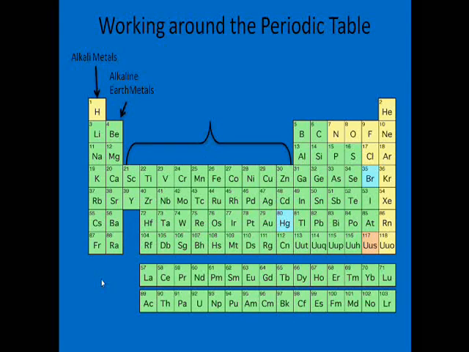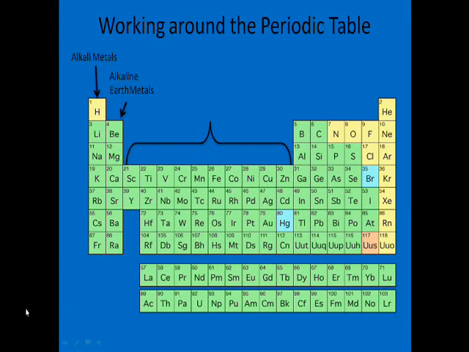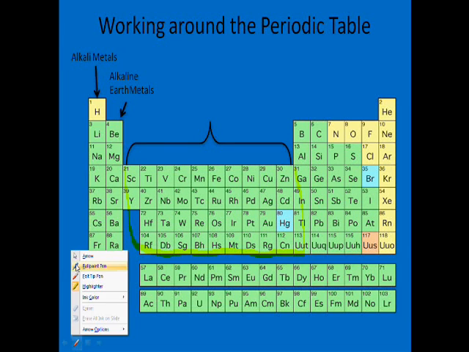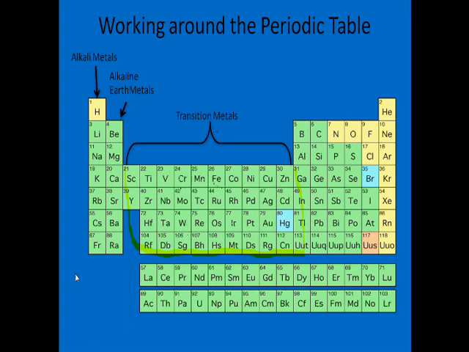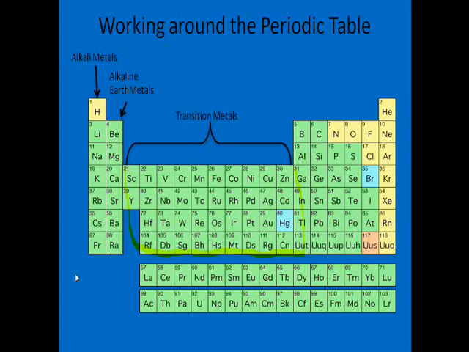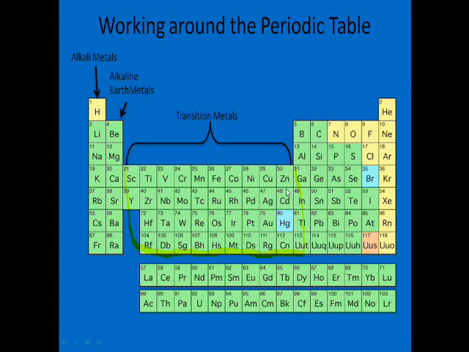It really does extend and include even some of the elements down along this area down here. They're referred to as the transition metals. We'll look at the definition. It's really this big block in here, and includes a few down in there.